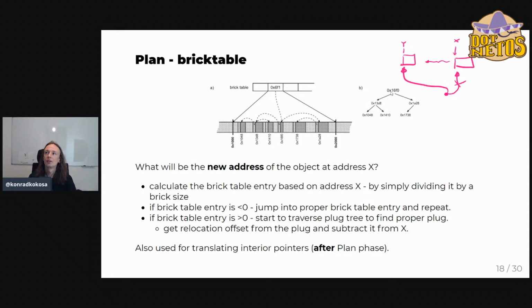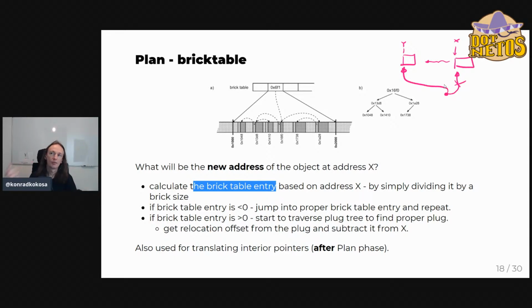And with the help of brick tables and with the help of the plug tree for every brick, we can answer pretty fast. And with the whole concept of plugs, because we are not concerned about particular objects but about memory regions. So if you have an object with address x, and you would like to know what will be the future address of it after compaction, you need to calculate the brick table entry based on this address.